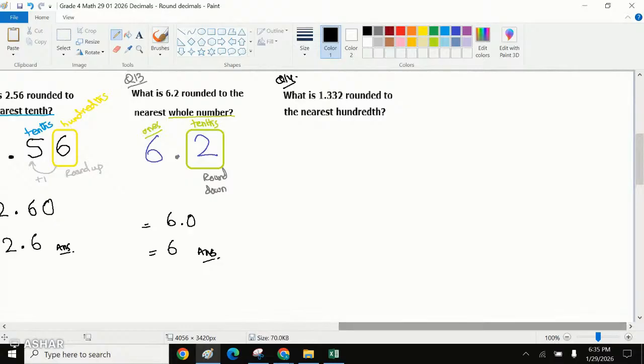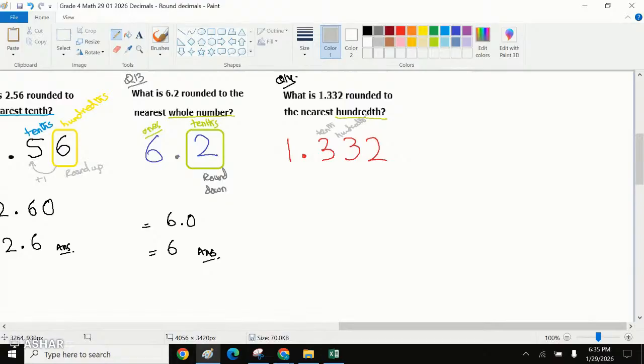So what we can say in this question is, we can write the number 1.332. We need to do the hundredth position, right? So we know the location. This was tenth. This was the hundredth.